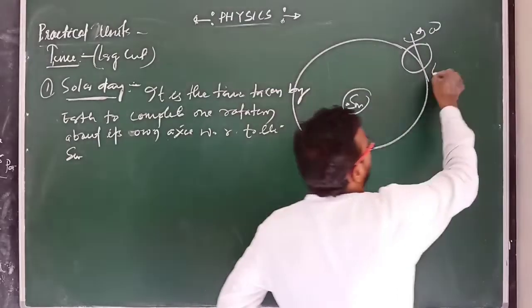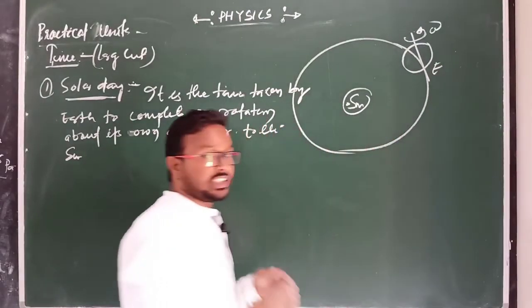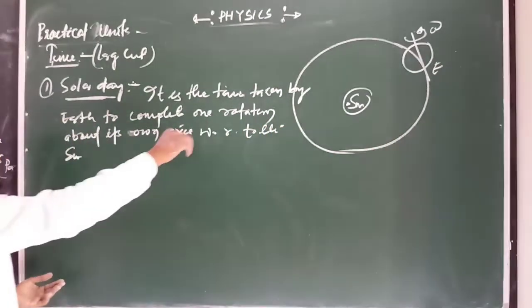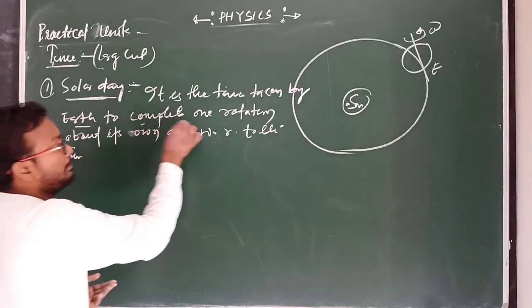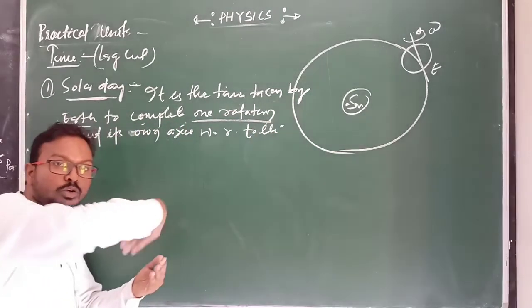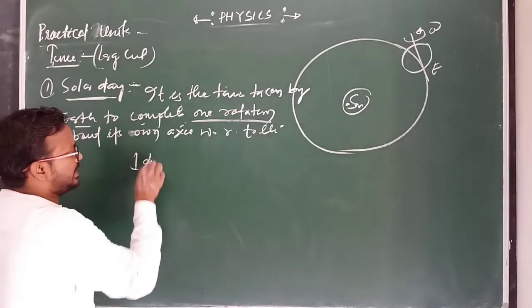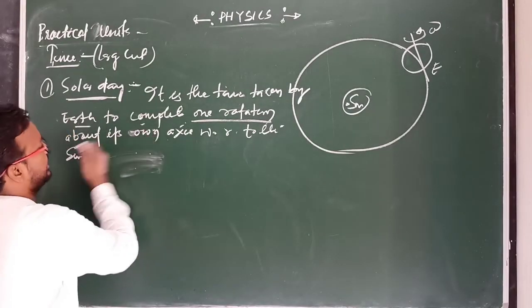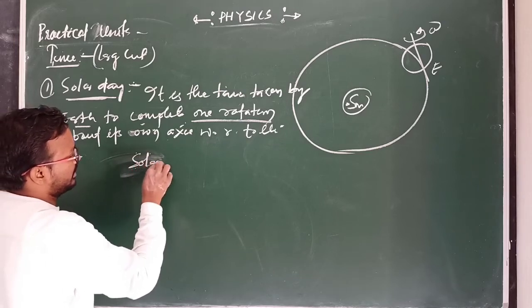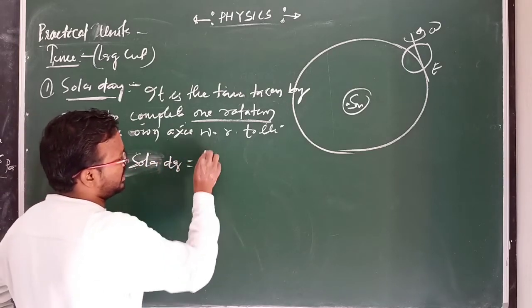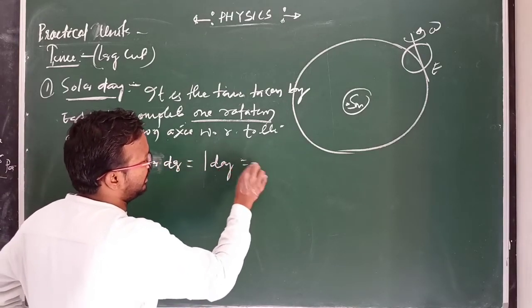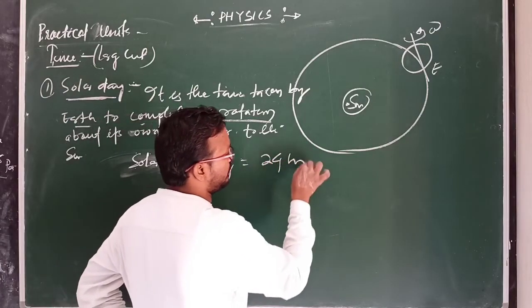Clear? This is the earth, and the time taken by the earth to complete one rotation about its own axis is denoted by 1 day. The solar day, which is equal to 1 day, is 24 hours.